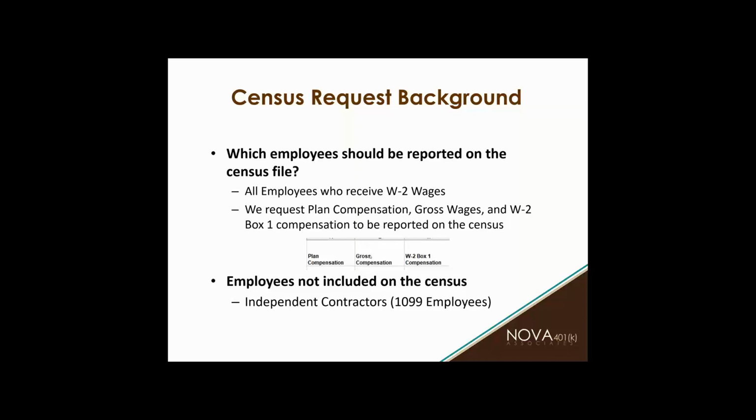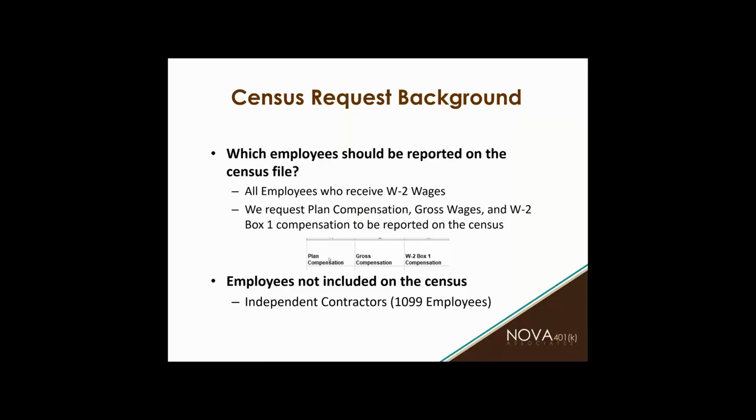Gross compensation, that is W-2 Box 5 wages plus any pre-tax health 125 HSA cafeteria plan contributions. Okay, so that is what gross is. W-2 Box 1 is what that is.